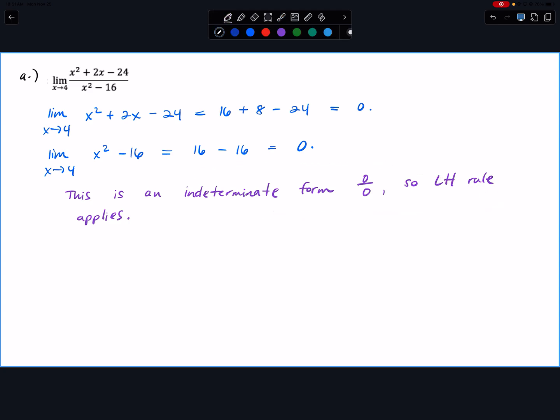So this is what you're going to do. Rewrite the original problem. So the limit as x approaches 4 of x squared plus 2x minus 24 over x squared minus 16 is equal to, I'm going to do this above the equal sign.